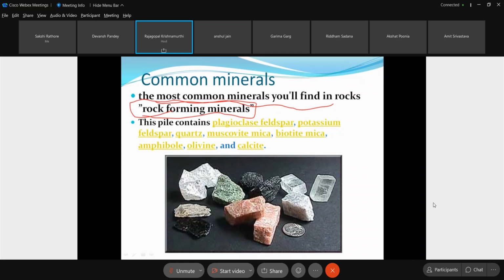Can it not occur separately? No idea. Oh dear, that is the problem. Did you read petrology? What books did you follow for petrology? No, sir. That is the problem.